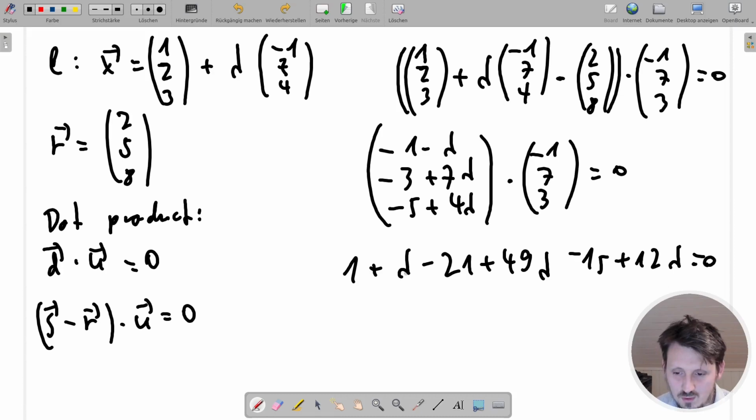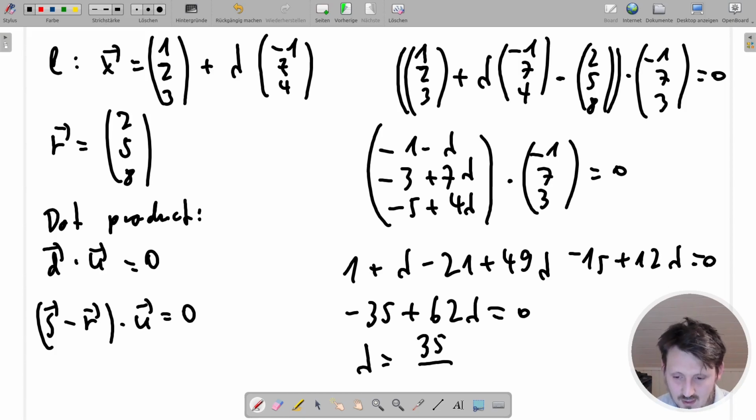The only thing we have to do is add up these numbers and these lambdas. I have done this already before, and it turns out to be minus 35 plus 62 lambda equal to 0.